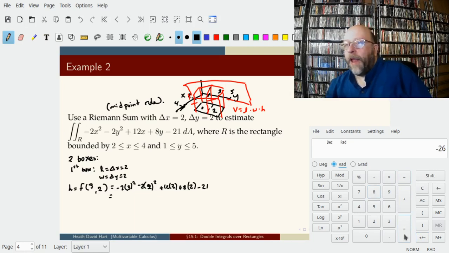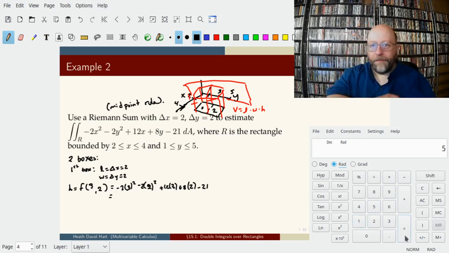And then we're going to add 12 times 3, so that's plus 36. That takes us up to 10, plus 8 times 2, so that's plus 16. And then minus 21. And so we get a height of 5.